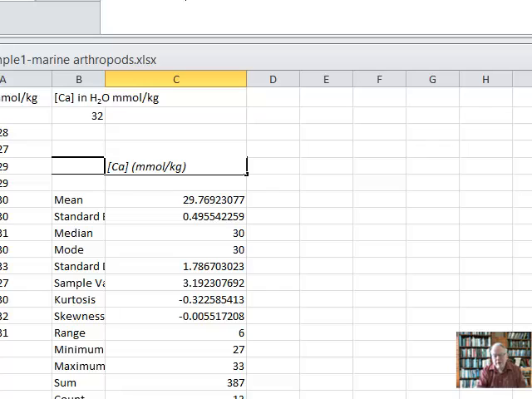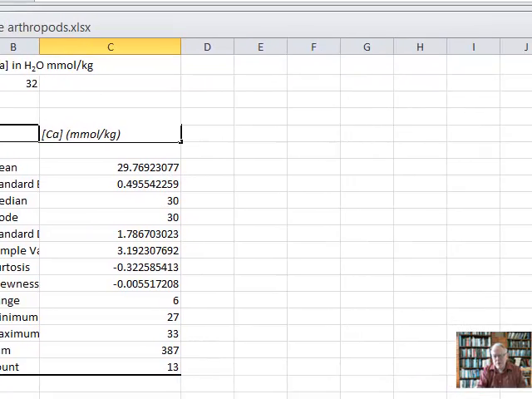We see that we have a value for the mean of 29.7692, something or other. So I'll put that in here.